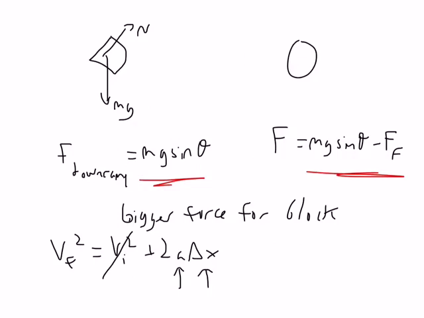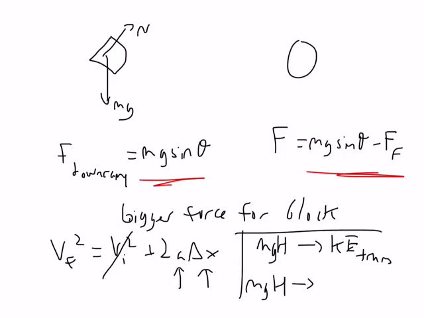Right, so that's in terms of forces. Now in terms of energy, this is the other way to approach this question. In terms of energy, we have a certain amount of gravitational potential energy available, right? That's the mgh available. The block converts all of that to translational kinetic energy.